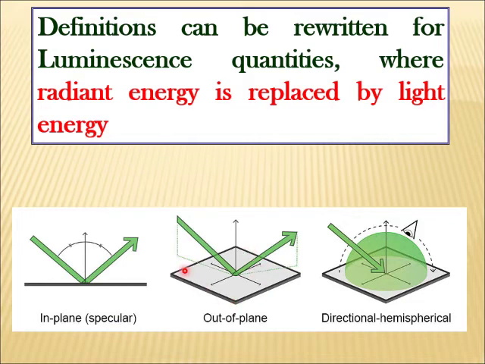Consider a two-dimensional plane where the beam is incident in the x-axis and gets reflected in the y-axis, and they are out of plane. In such a situation, if a human eye or detector is placed above, a total area of 180 degrees starting from 0 to 2 pi is visualized, which forms a hemispherical view, and this is called directional hemispherical.